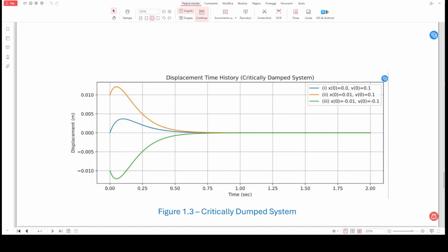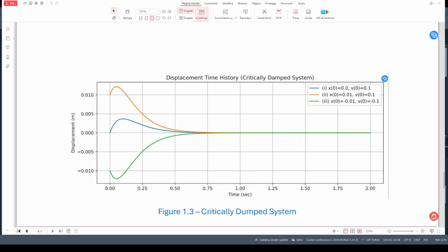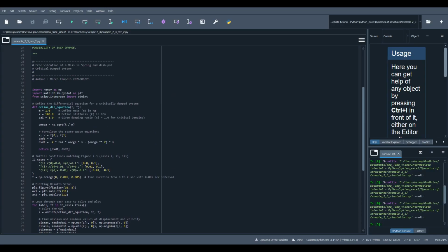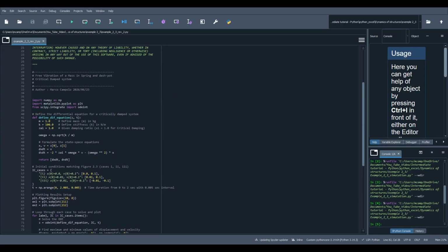We can see the Python code to produce this graph, and we can describe the code.